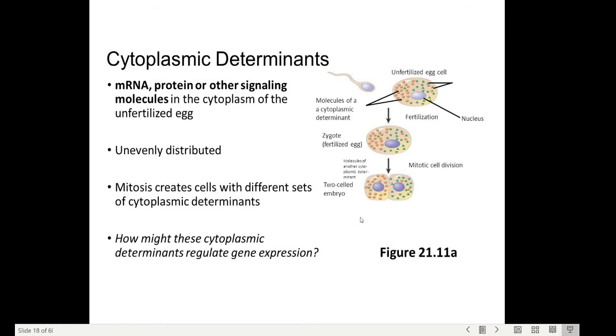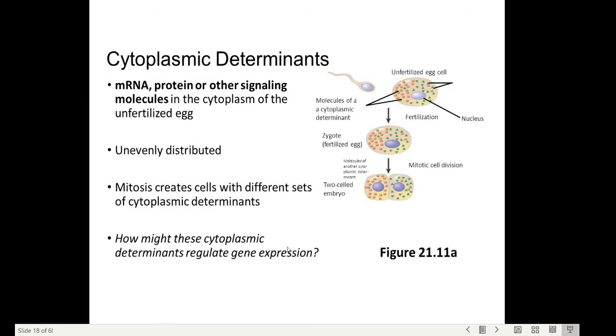Mitotic cell division gives a two-celled embryo. It's a very important stage in cytoplasmic determinants. Cytoplasmic determinants alone drive the two-cell embryo development. For the cytoplasmic determinants, we need mRNA, protein, and other signaling.